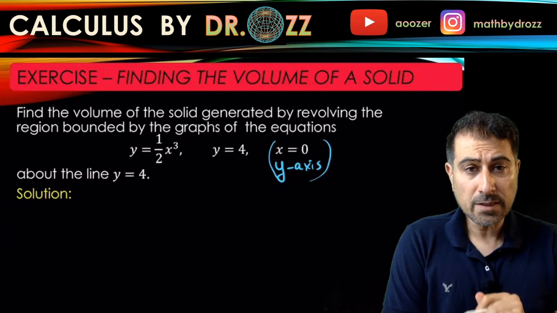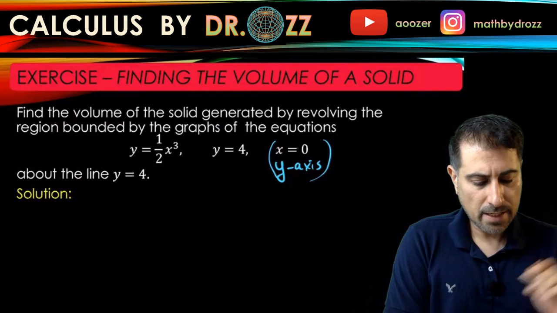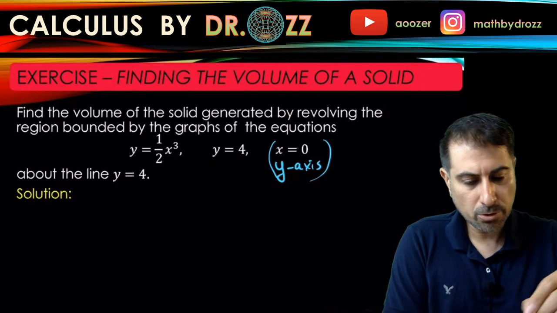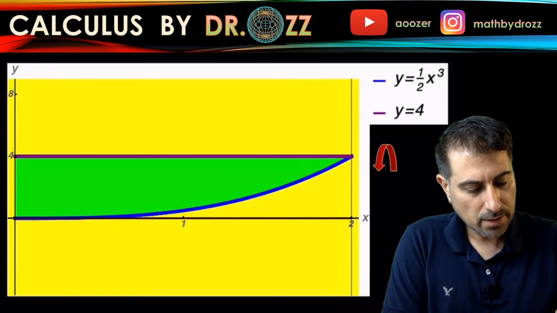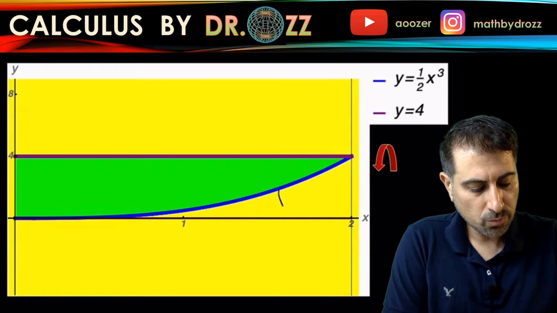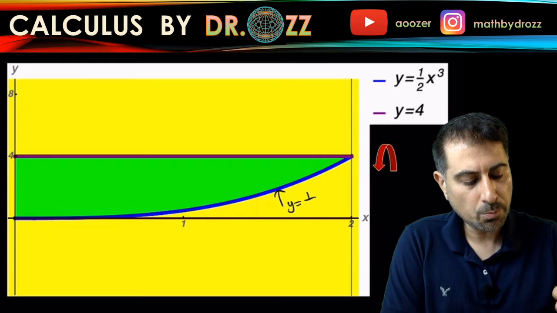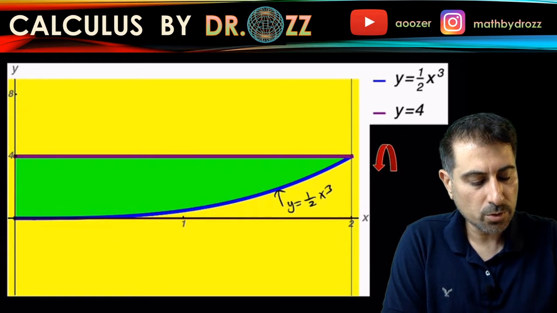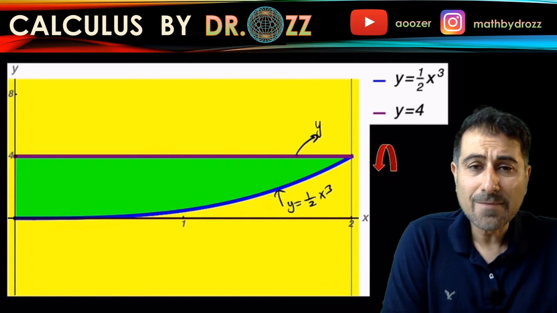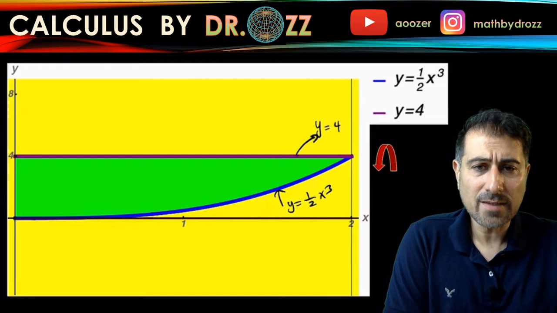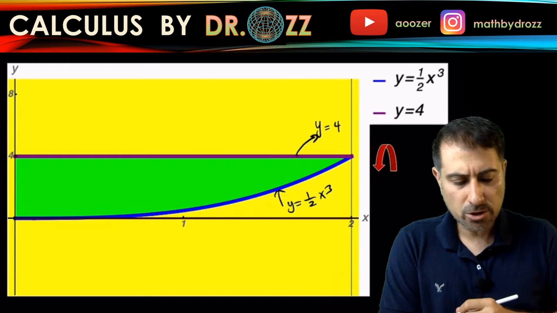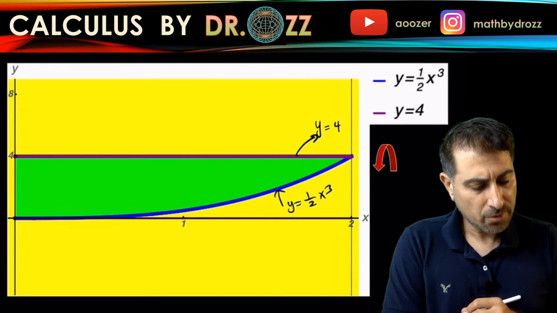You can pause the video anytime, by the way. From my end, this is what I got. The blue curve here is y equals 1/2 x cubed, and the purple line is the horizontal line y equals 4. In fact, that is the line that the whole green region here is revolved around.